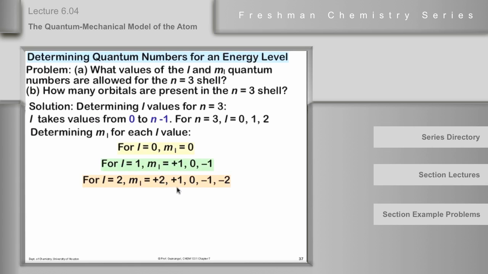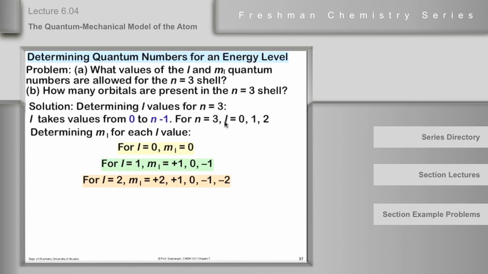Now, the relationship between the quantum numbers is what lets us do this. You should have clear in your mind now that the value of n tells us what shell we are discussing.